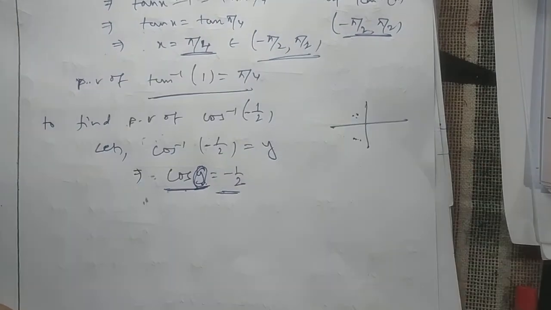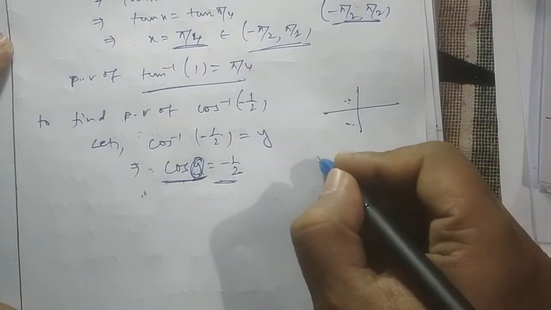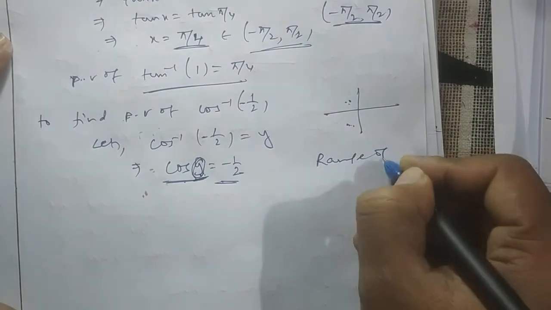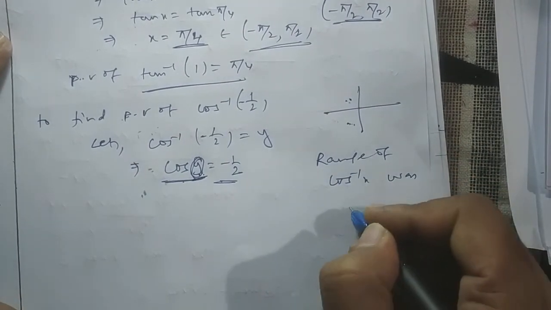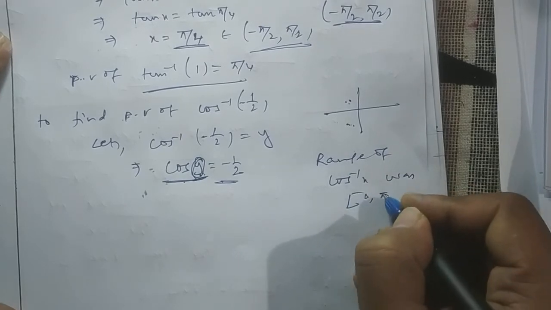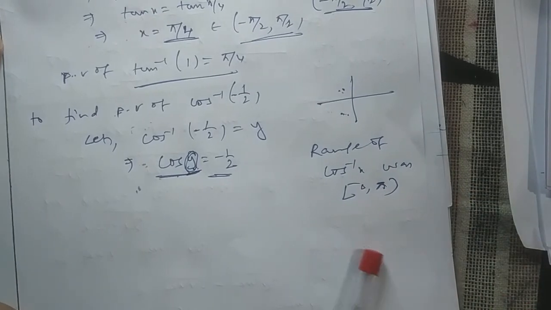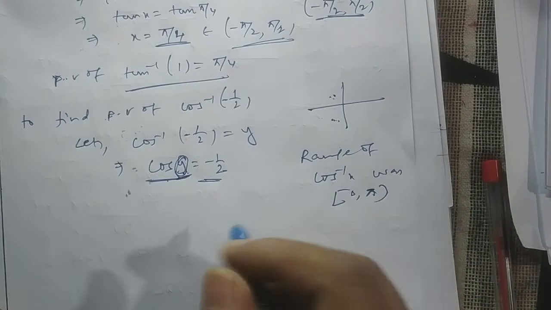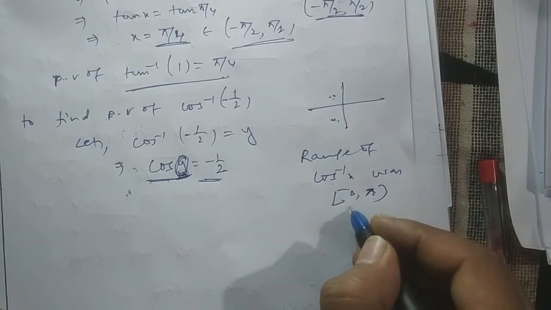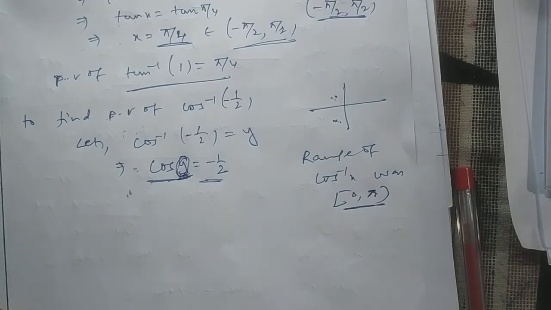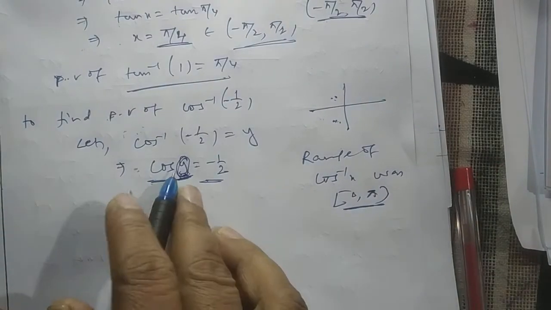Understood? Now let us recall the range of cos inverse x was 0 to pi closed, correct? Again I am saying, if we take the angle in the third quadrant, it will be crossing the range, then we cannot get the PV.